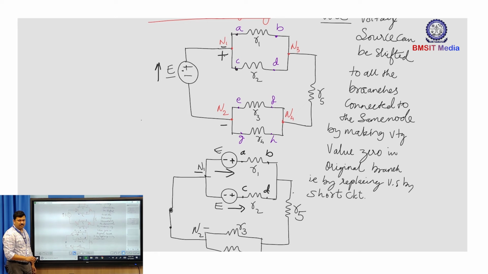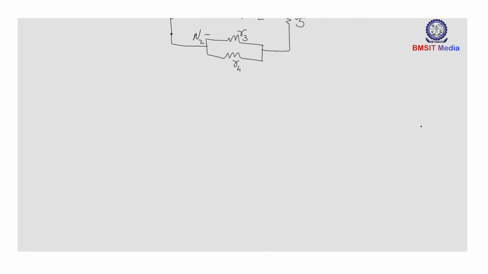Now when I shift this voltage source beyond node N2, my R1 and R2 will remain as they are. Again I will be replacing the original branch by a short circuit.